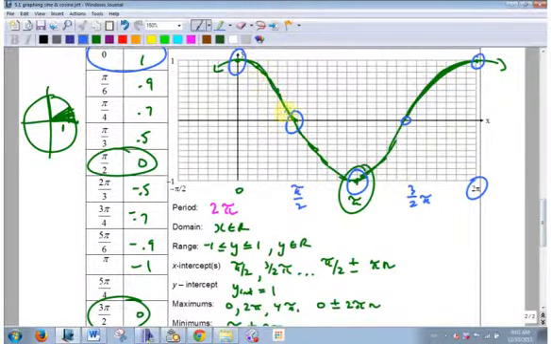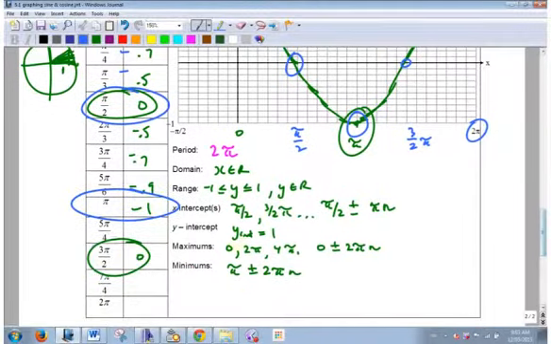So we know the shape of this thing, so we don't need to put in every little special angle in here. So plot that one, that one, that one, that one, and that one.